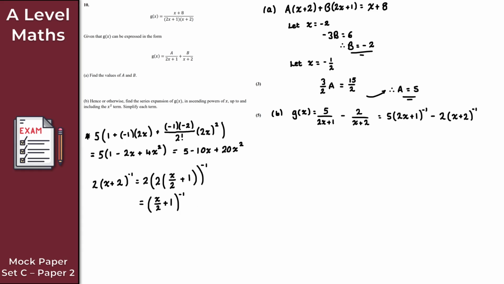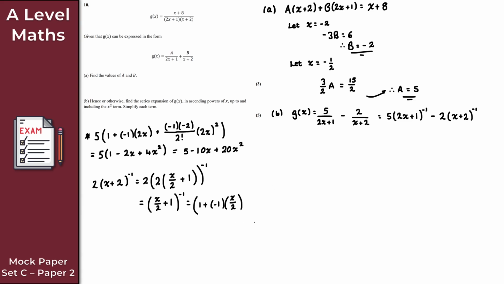Okay. So what is the series expansion here then of this? So I'm going to get 1 plus, we then get minus 1 times by x over 2.